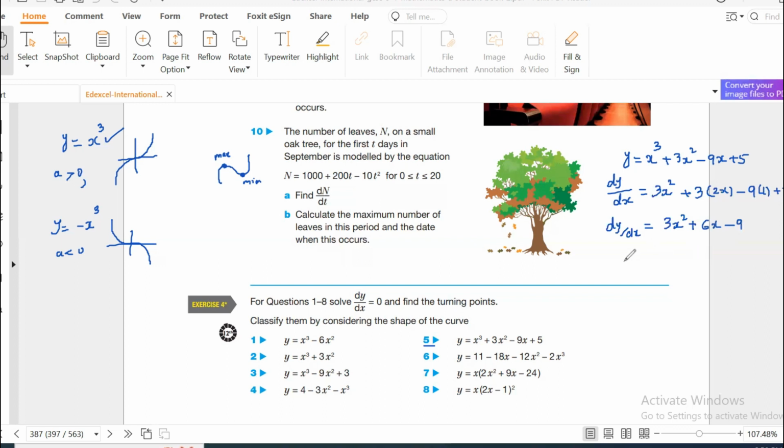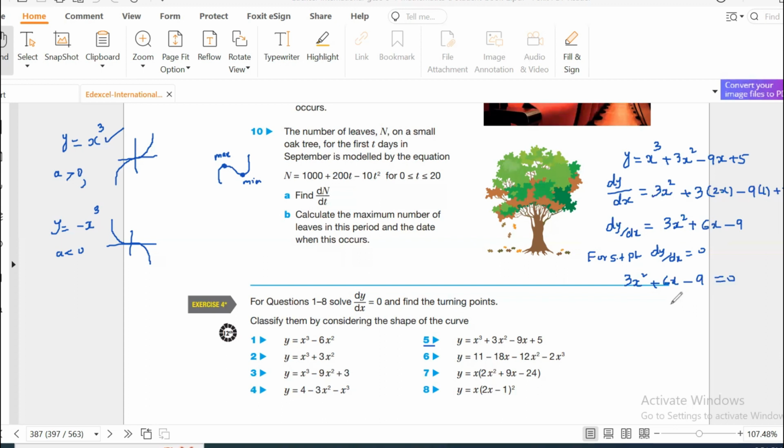So remember that as we are looking for turning points, for stationary points we can say that the derivative dy over dx equals 0. So this equation becomes 3x squared plus 6x minus 9 equals 0.